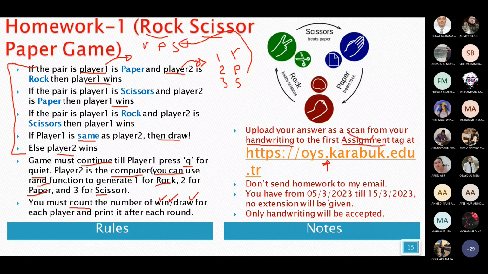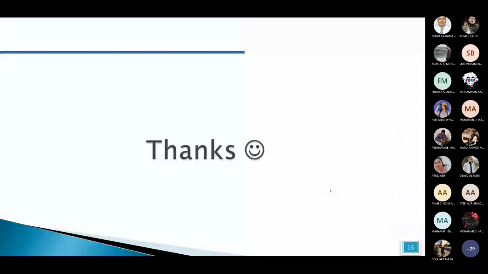I need only handwriting. Even if you use the compiler to write and check the code, after that you have to use your handwriting. I will not accept a C file or Word file, anything printed, okay? Not printed. Handwriting, scan it, then you can upload your homework answer.